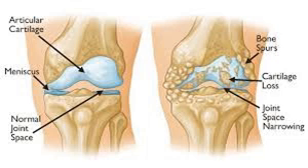Underlying conditions. Conditions such as rheumatoid arthritis, metabolic disorders (e.g., hemochromatosis), or developmental disorders (e.g., hip dysplasia) can predispose individuals to hip osteoarthritis.